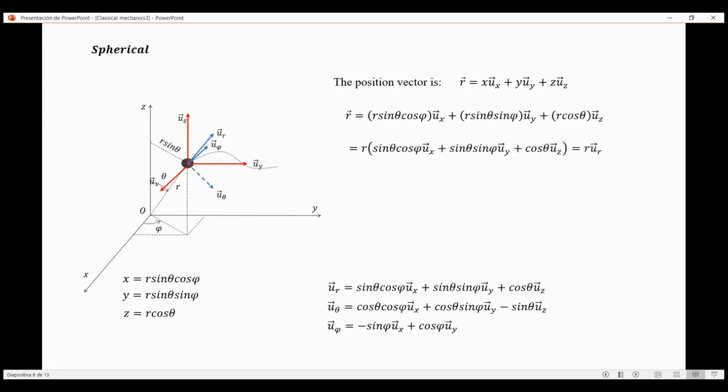So in spherical coordinates, the position vector of a particle is the radial coordinate multiplied by the unitary vector pointing in the direction of increasing r. The velocity, we just have to simply derive. So we derive r ur, and applying the chain rule it is r dot ur plus r ur dot.